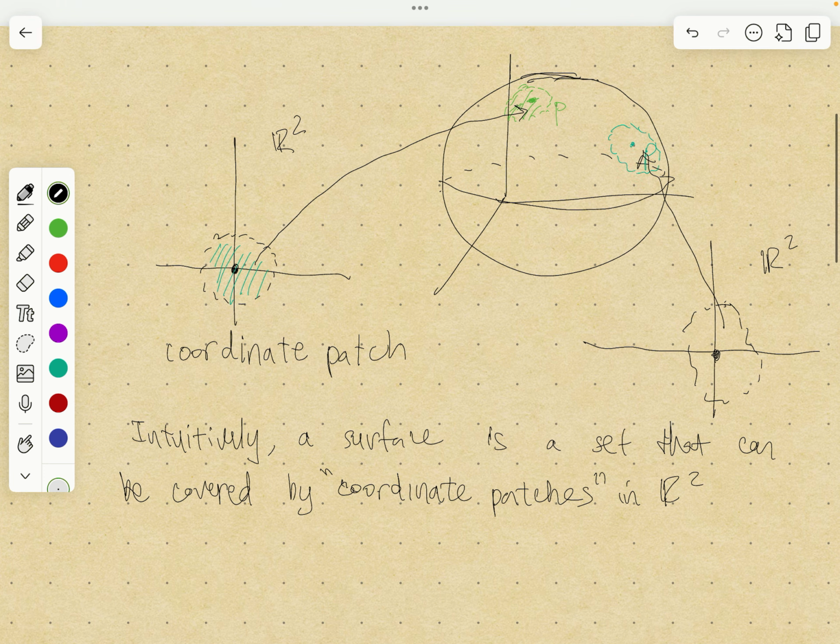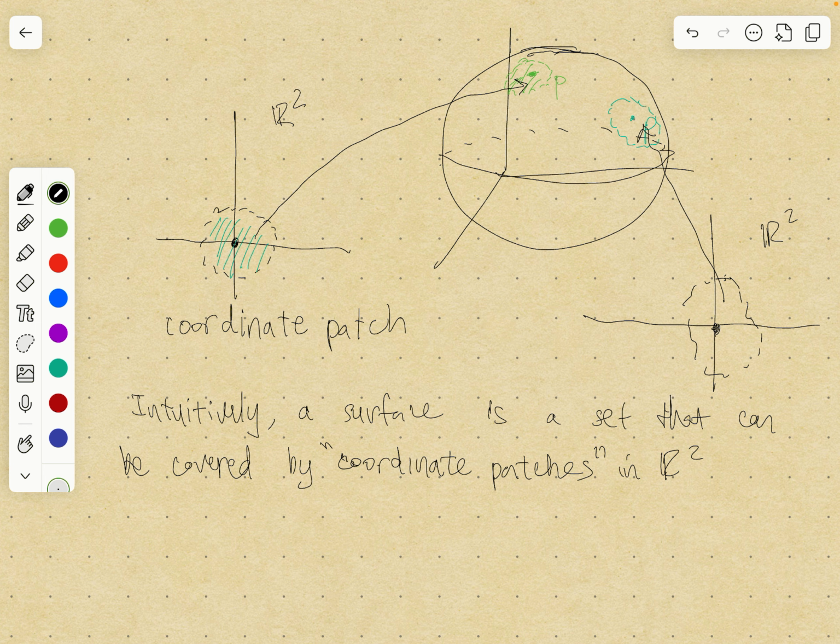And the coordinate patch, well, I'm being a bit loose here, but it consists of an open set in R2 and an open set in this set S. So in this case, your sphere would be S, such that there's a way to map in a one-to-one and onto fashion an open set in R2 to an open set in S, and that will cover all of S. Okay, that's the idea of what a surface is.